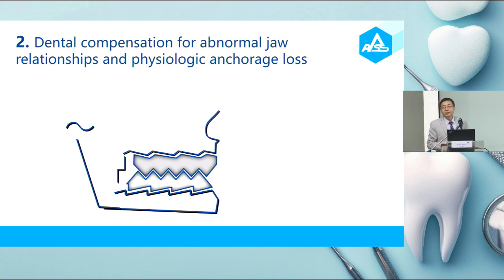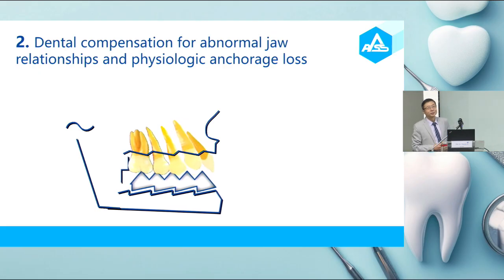What about adult patients? Well, we use Lysle Johnston's animation again. This time, we separate the upper dentition into individual tooth. Then, when mandible grows forward, it may tip all tooth forward, tipping, right?